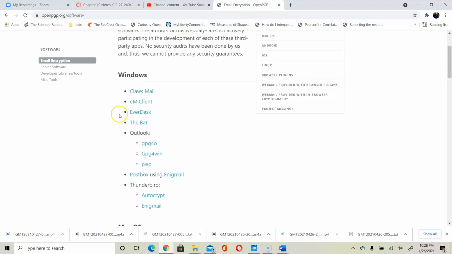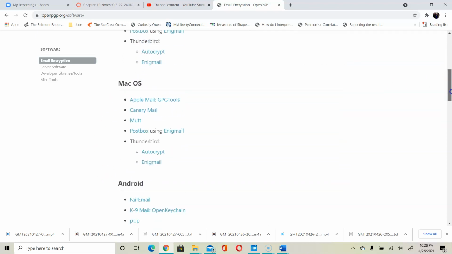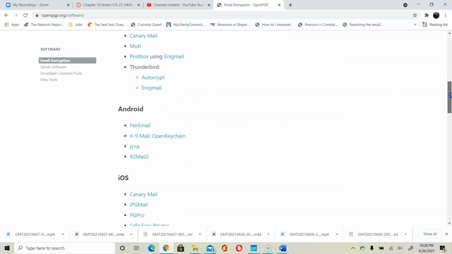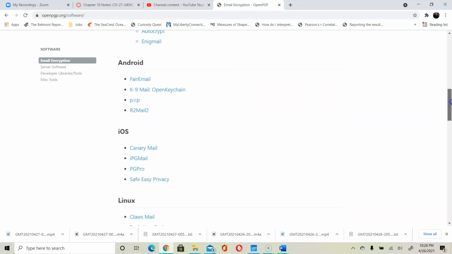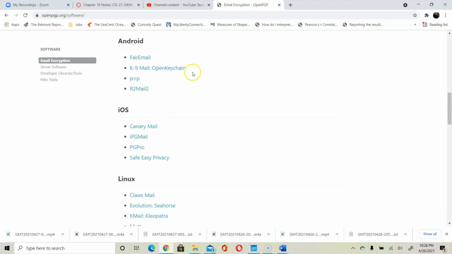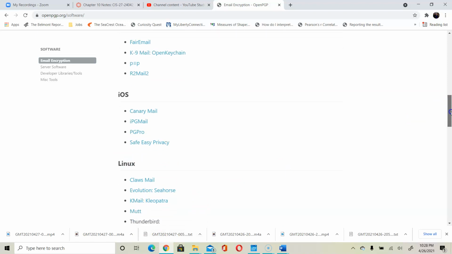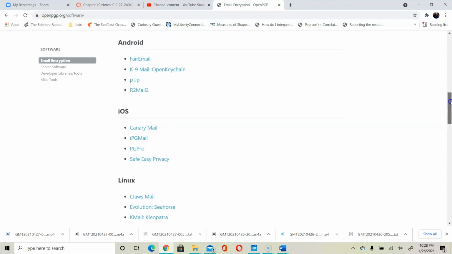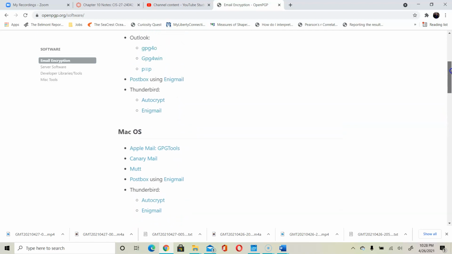So in Windows, you would see these. And for Mac OS, you would see these. For Android, that would use OpenPGP, you would have these types, and then iOS and Linux and so on. One of the common ones that you would see implemented with Linux is Kleopatra. That's very common for email encryption.